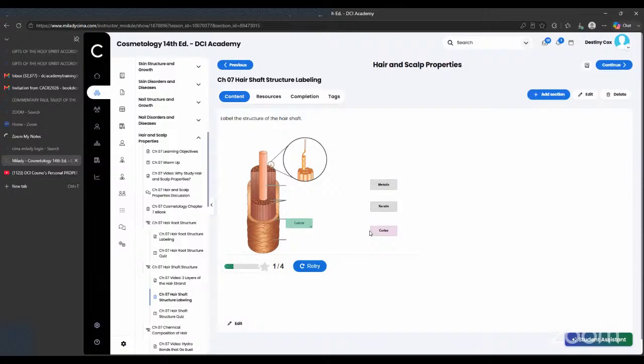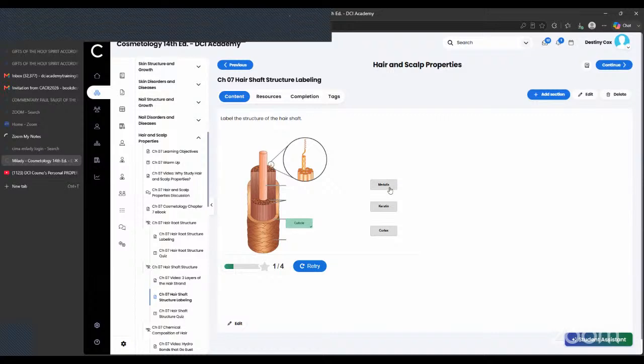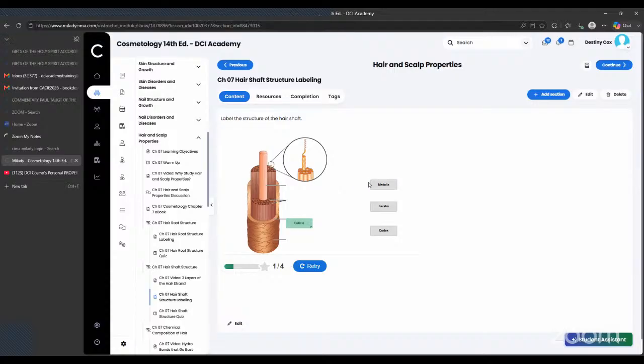Medulla, keratin, or cortex. What do we have here? If you know, the cuticle is the outer layer. Let's get all 4 of them together.